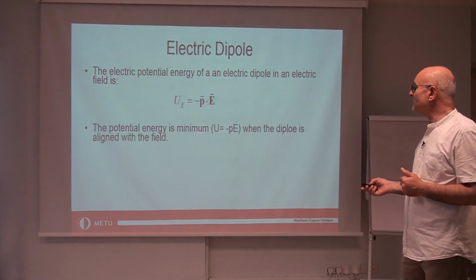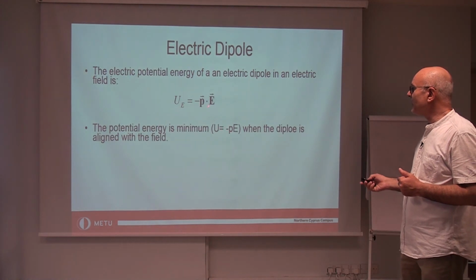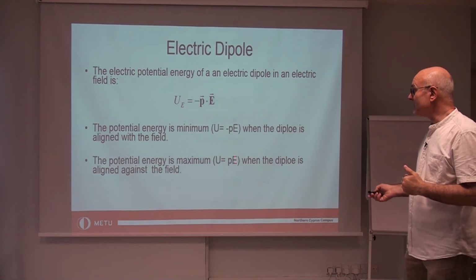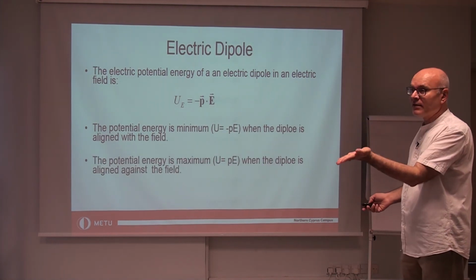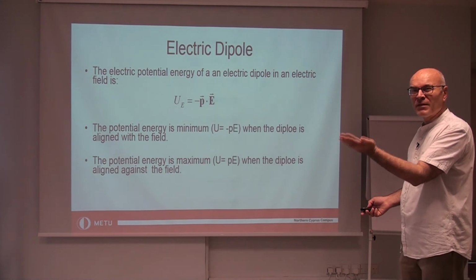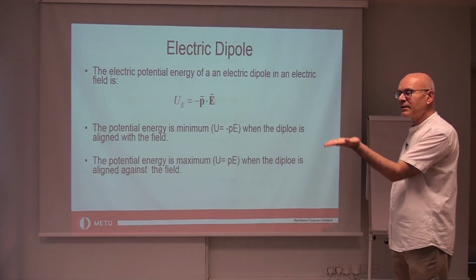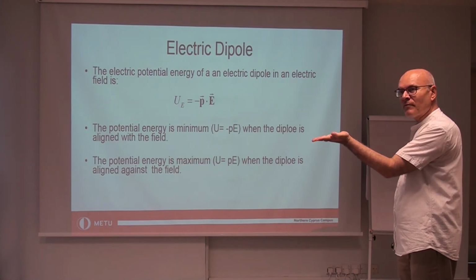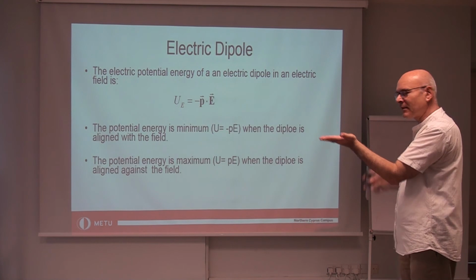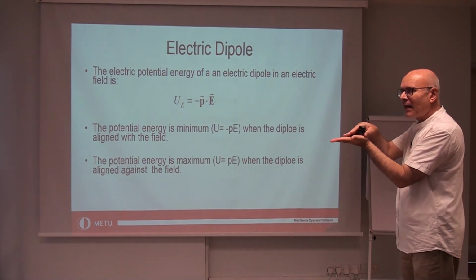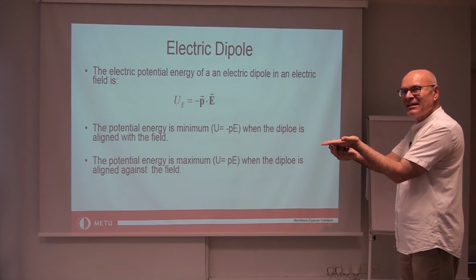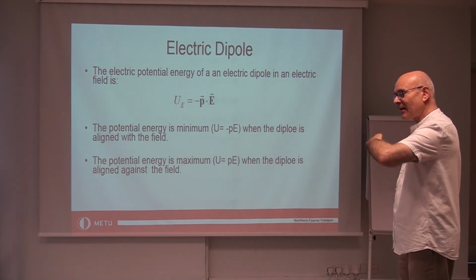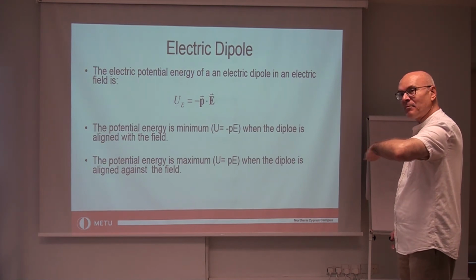And this energy is minimum. It becomes minus PE when the dipole and the electric field are aligned together, and it is maximum, it is plus PE, when the dipole is aligned against the electric field, which makes sense actually, because in this case, if you just give it a push, it will rotate and try to align itself parallel to the electric field.